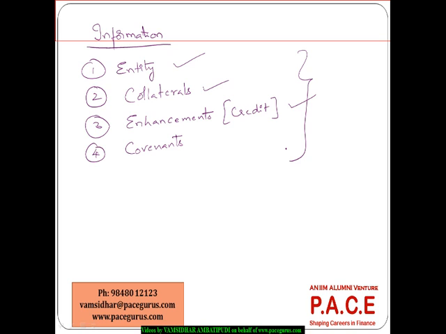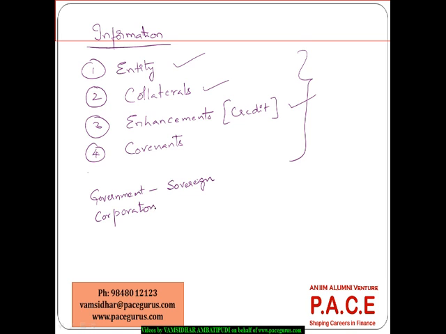Now, from an issuing company's or issuing entity's perspective, I need to look at what the legal structure is. Is it issued by the government? Generally, what we see is that sovereign bonds are issued by the government. Or is it issued by a corporation?